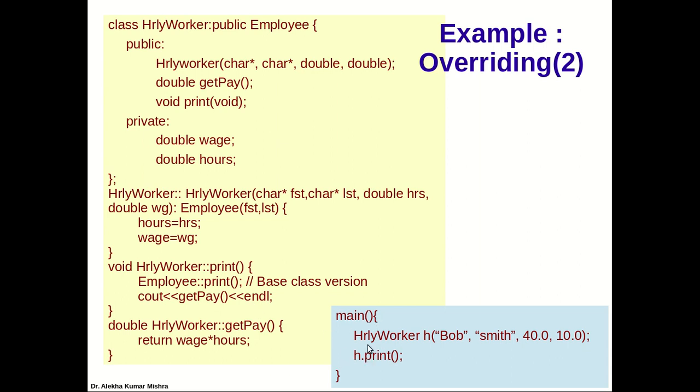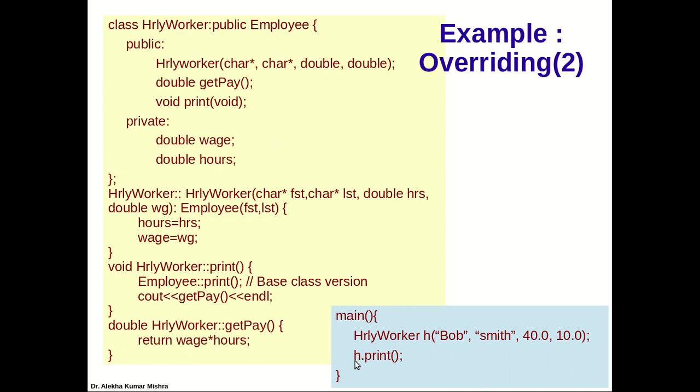So in main, let's say we've created an hourly worker object h, passing all the parameters. First, Bob and Smith indicate the first name, last name. This is passed to the explicitly called parameterized constructor of the base class to update the first name, last name, and 40 is the hours and 10 is the wage.